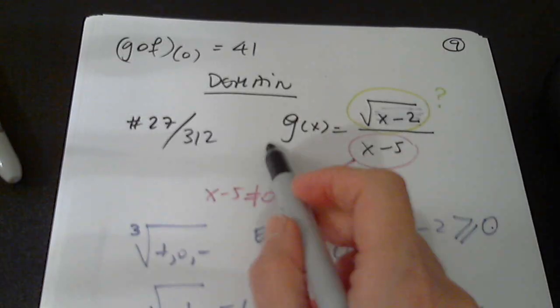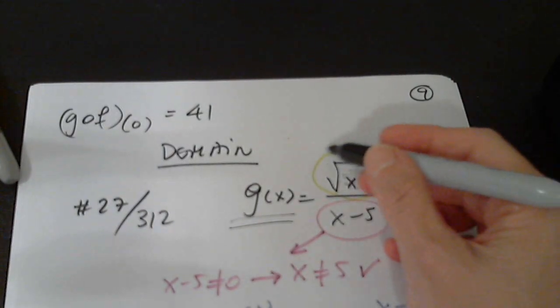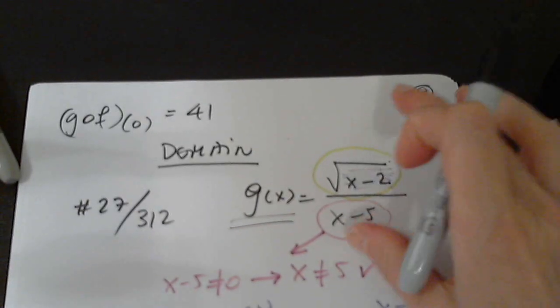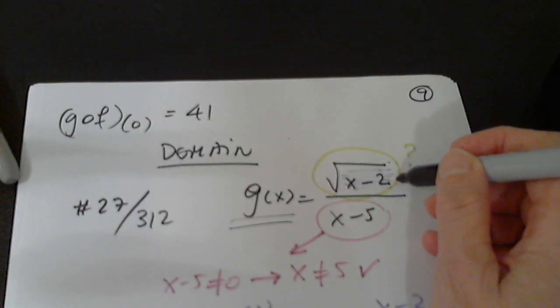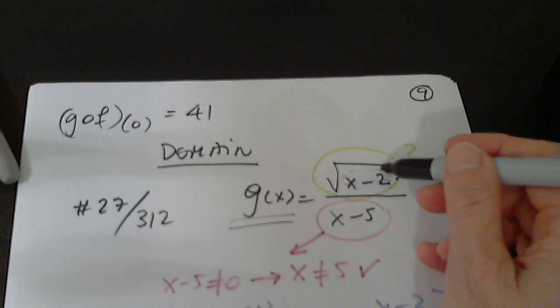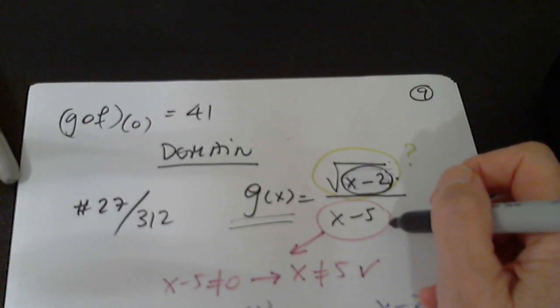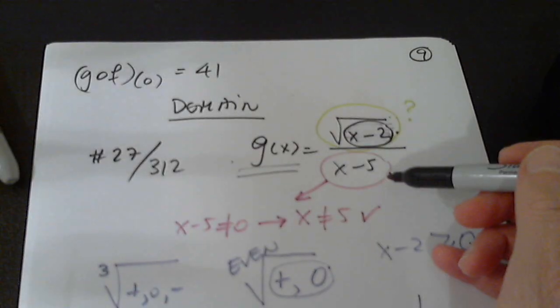So this function has two restrictions. One coming from the function found in the numerator, because this is a ratio of two functions. So this numerator cannot exist if this quantity is not positive or 0. And the function will not exist if the denominator is 0.